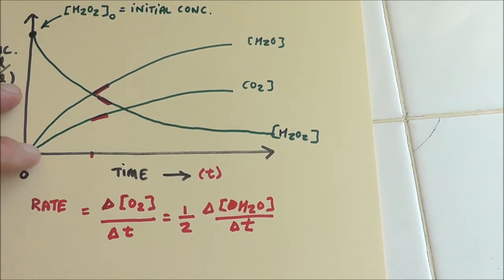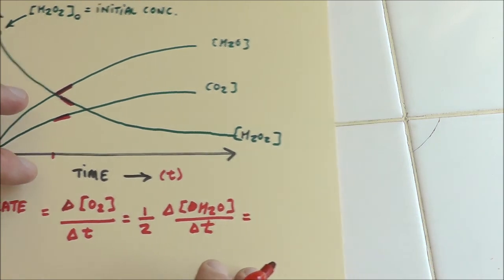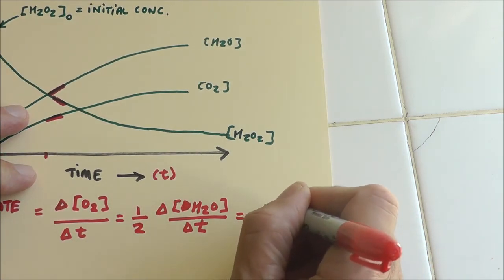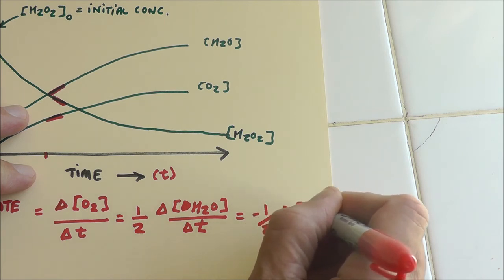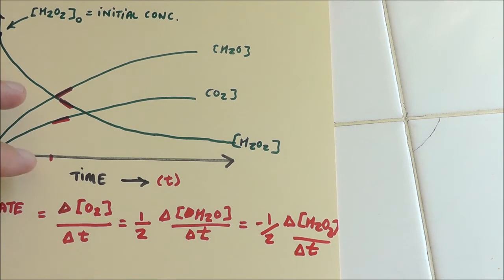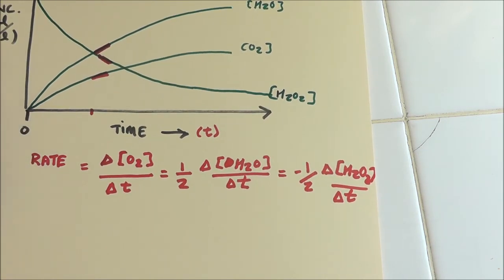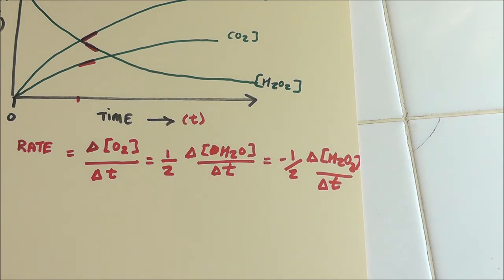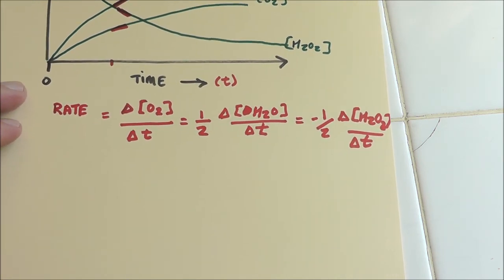And so this would actually be equal to minus 1/2 of the change in H2O2 over change in time. And this would all result in the same number. So if you did the negative 1/2 and the 1/2, we'll just stick some numbers in here and say how we would solve for this.